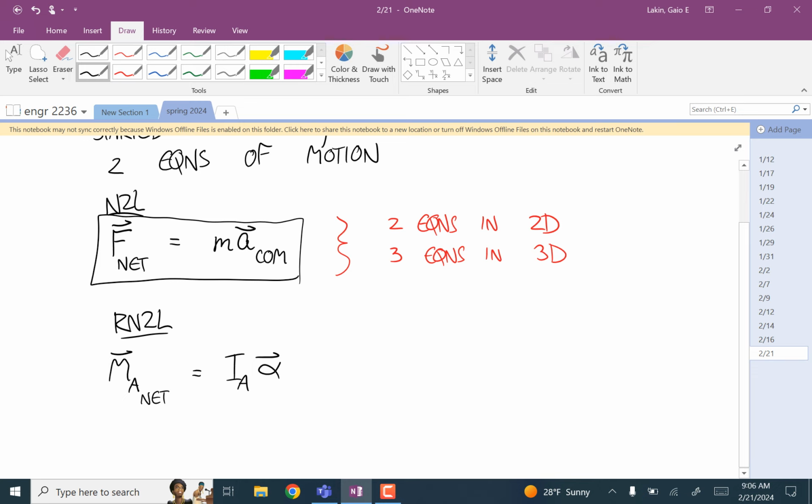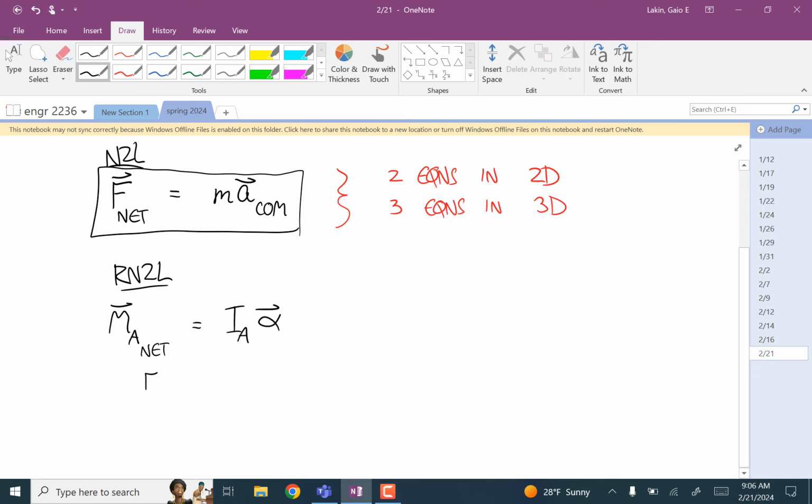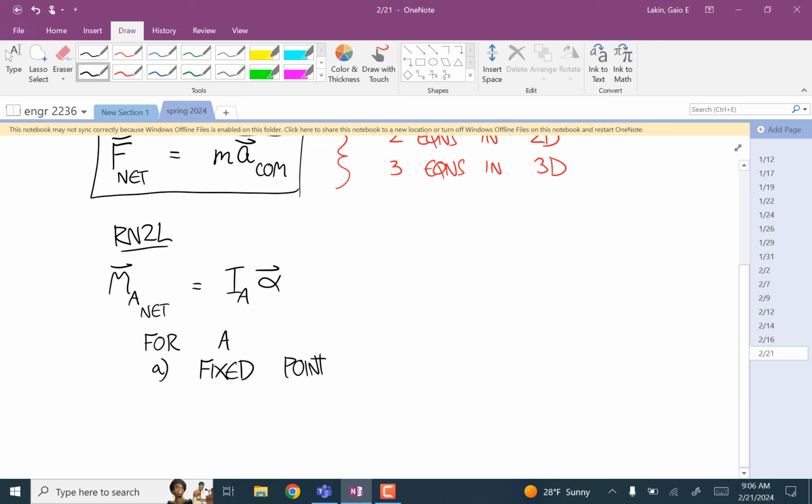But this isn't true for every A. This is only true for A that's either a fixed point, I'll call it. So that's a point that's fixed on both the body and in your coordinate system. Okay, so think of that as like a pin joint or a ball and socket joint in 3D.